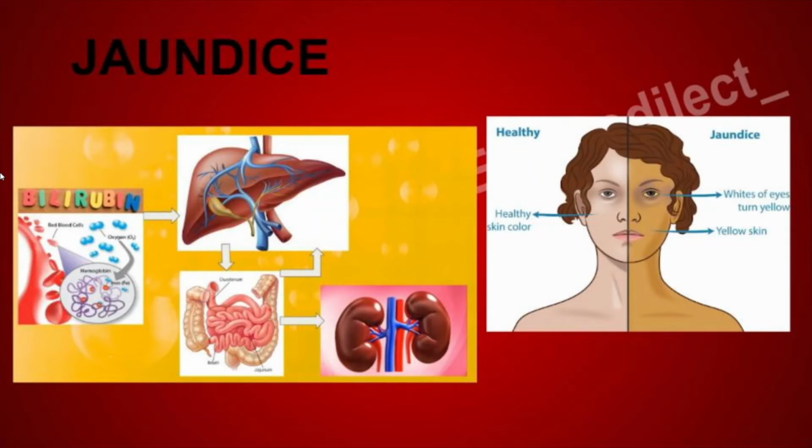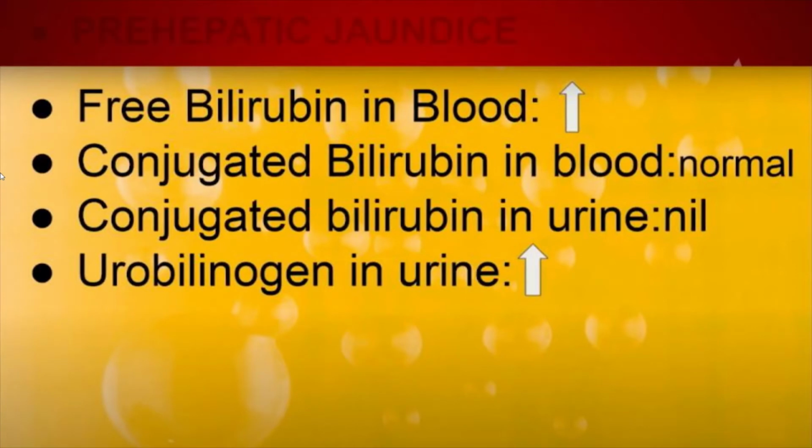Now there is an increment in the serum bilirubin level, more than 2.5 milligram per dl, leading to yellow discoloration of the under tongue, then sclera, then the skin. First of all, prehepatic jaundice. How does this jaundice occur?